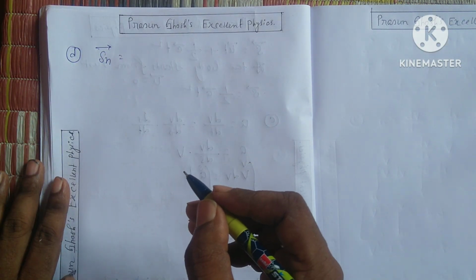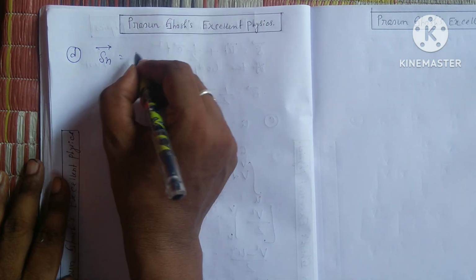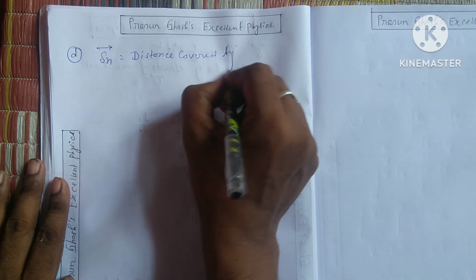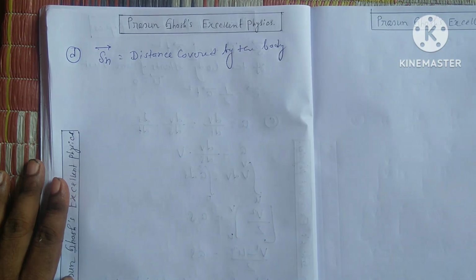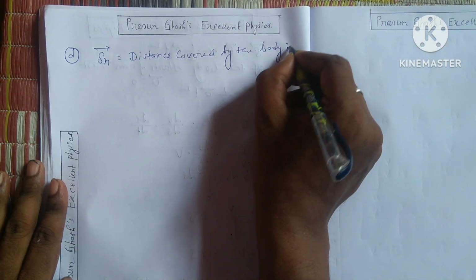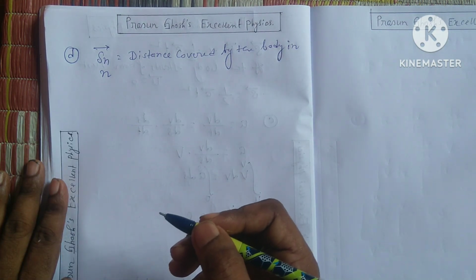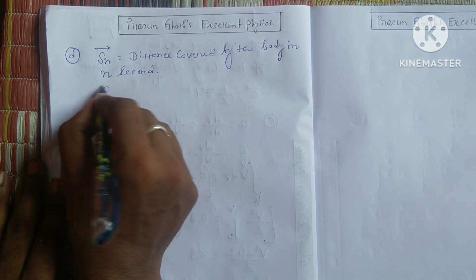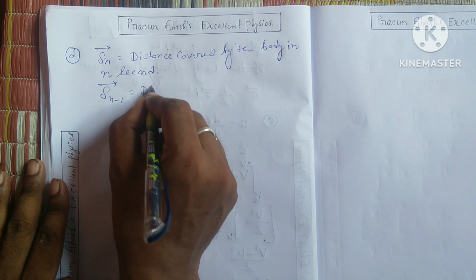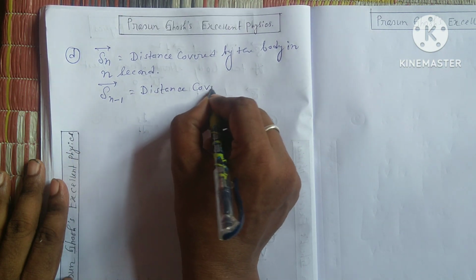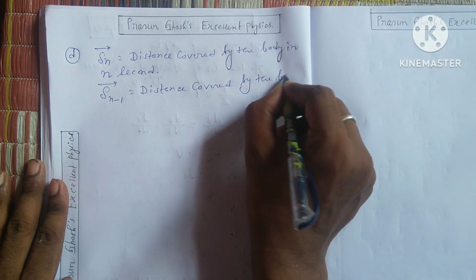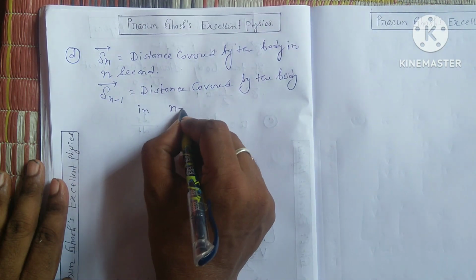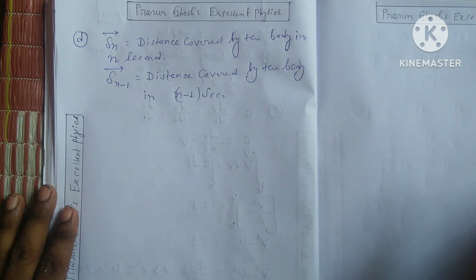Sn means the distance covered by the body in n seconds, and Sn minus 1 is the distance covered by the body in n minus 1 seconds.